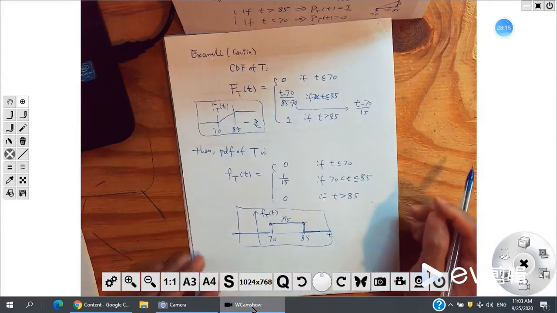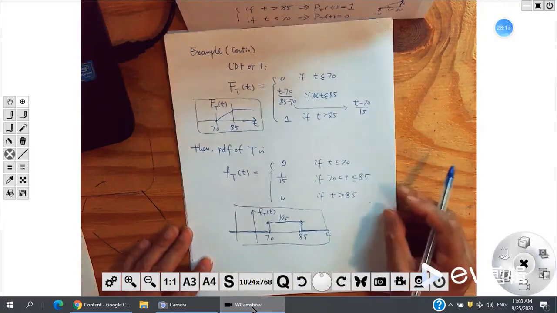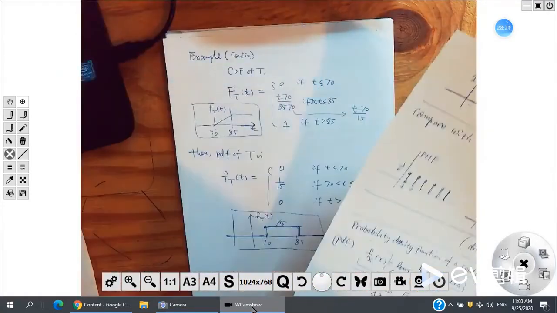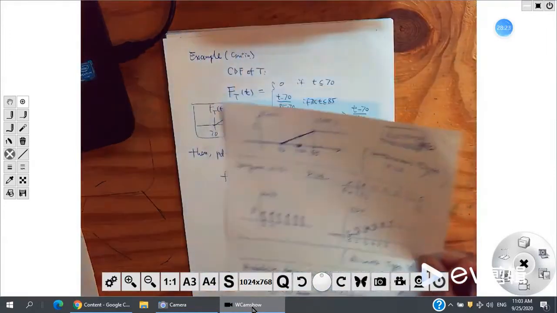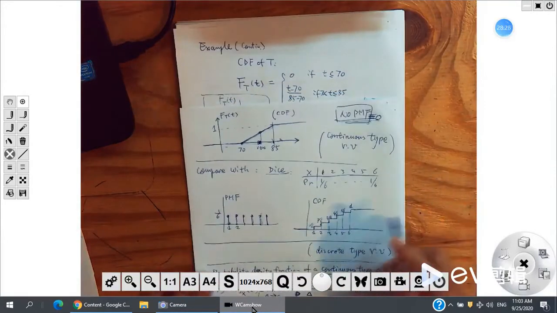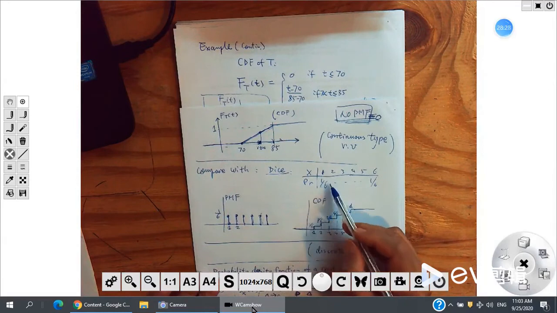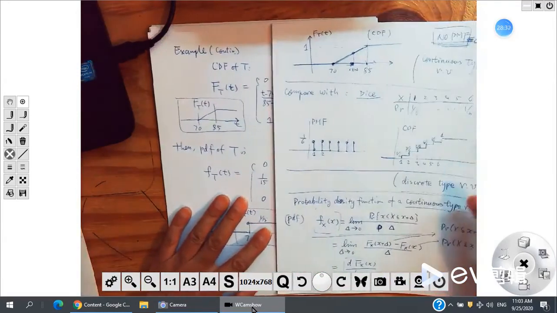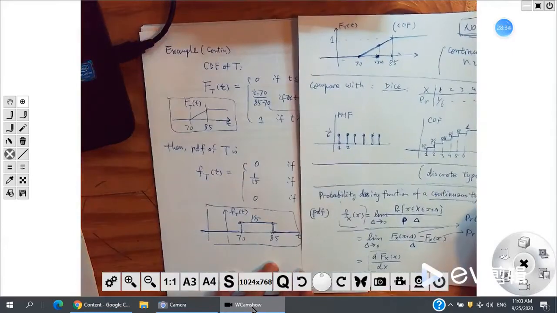Okay, so we can compare with that discrete type case example again. This is dice 1, right? I compare that example with dice 1. Then the CDF and the PDF, can I put them together? Yeah, you can see both, right?